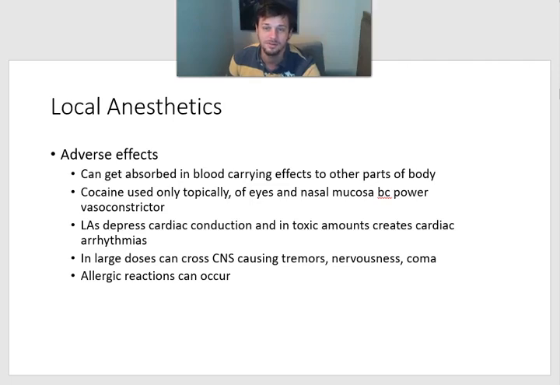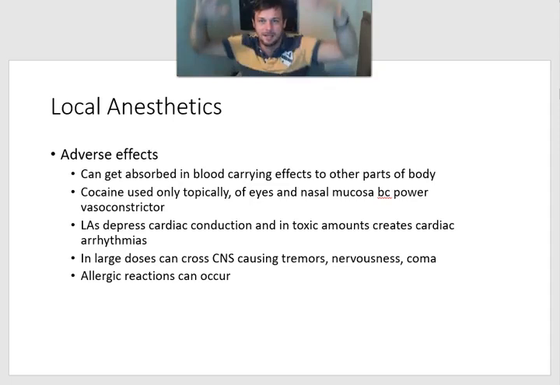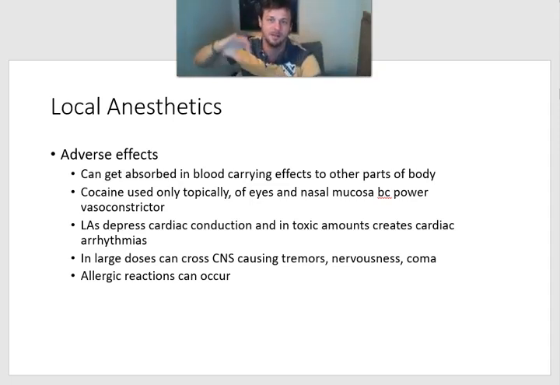Of course, in large doses, it can cross the blood-brain barrier. It is lipophilic. All these are lipophilic. That's how they're able to get through the skin to work on those nerves. And so in really large doses, they can cause tremors or nervousness or even coma. That's why, like, when you see shows like Dr. Pimple Popper or something, if somebody has, like, a ton of stuff, they're like, okay, we can only do a handful of these because they're using local anesthetics.